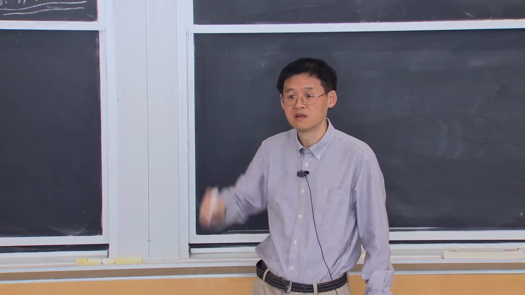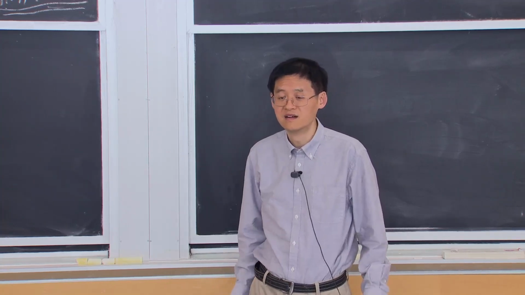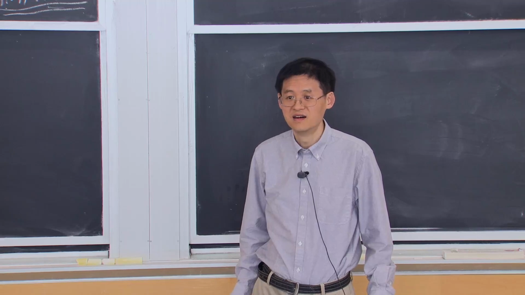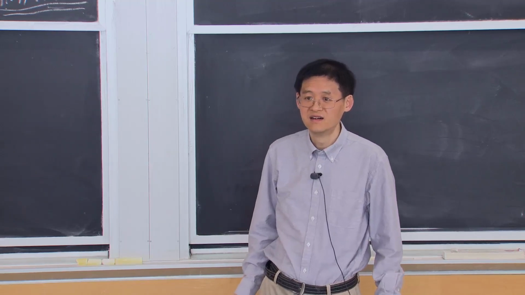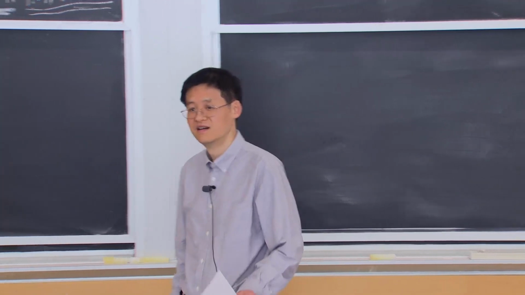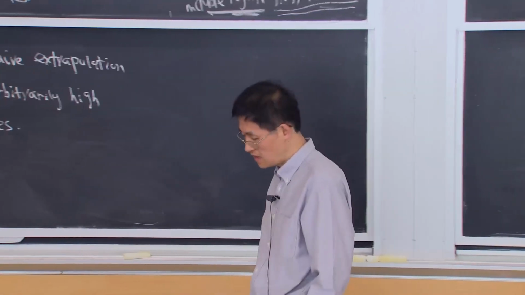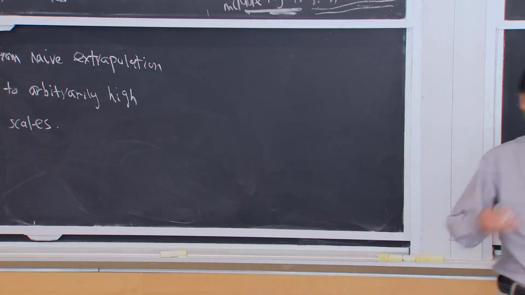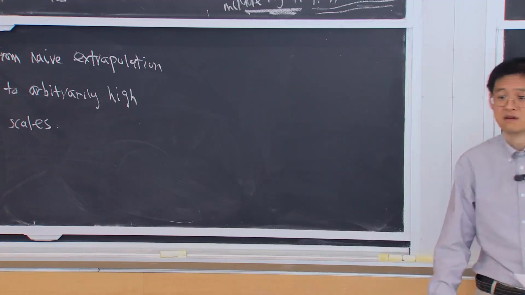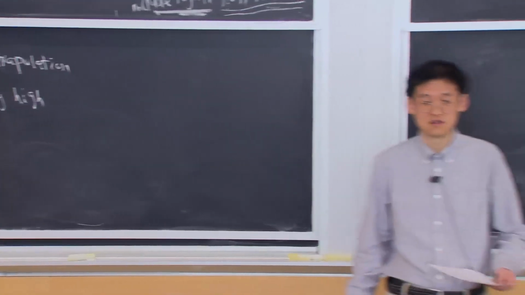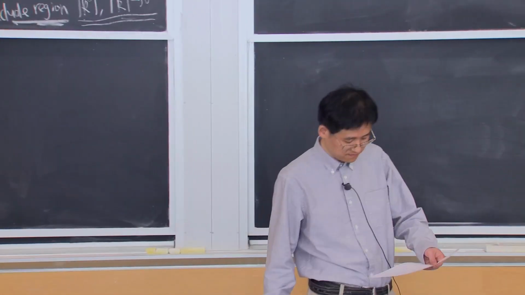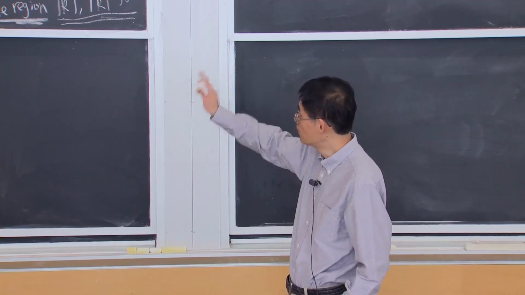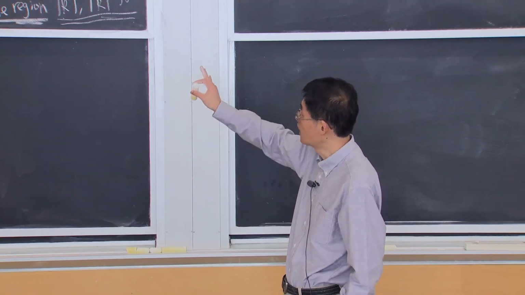Is the divergence a result of a problem in the perturbative expansion, or a problem with the original theory? It's not a feature of the perturbative expansion. It's a legitimate problem. This divergence just comes from extrapolating QED to arbitrarily high energy scales.